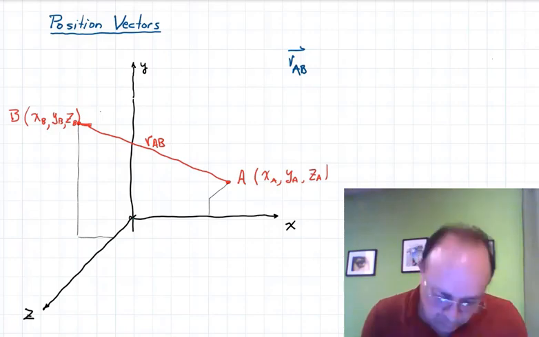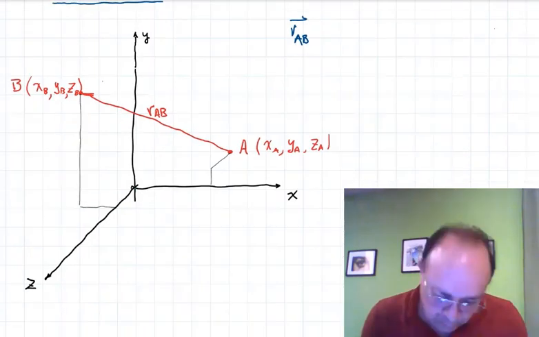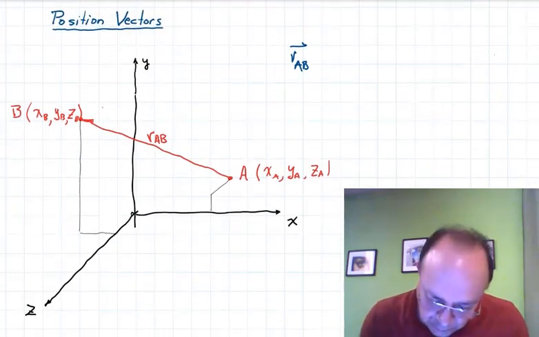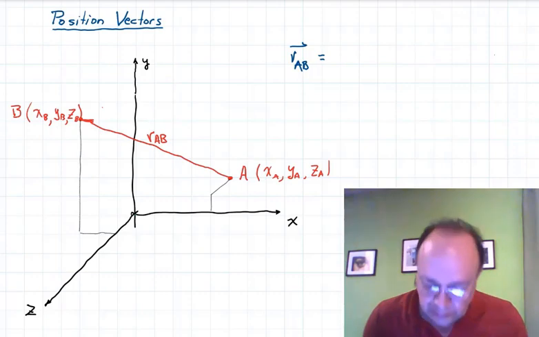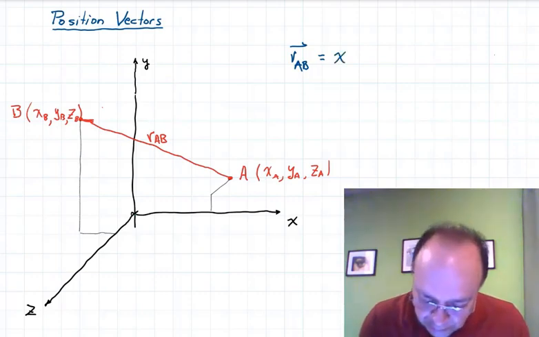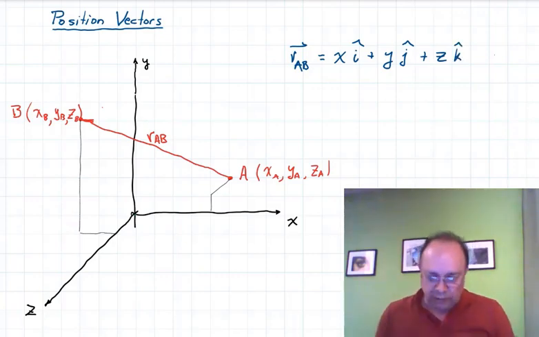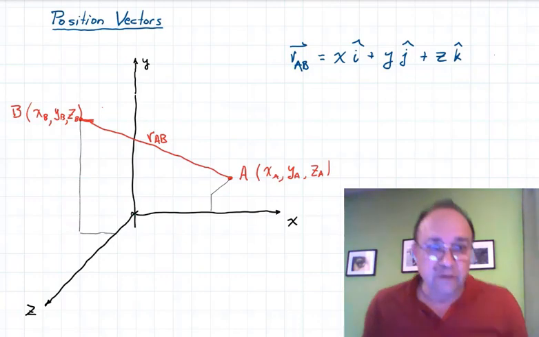And let's say the position vector RAB is going to be given by its rectangular components. Let's call them X, Y, and Z. Let's see how we can obtain the position vector from A to B.